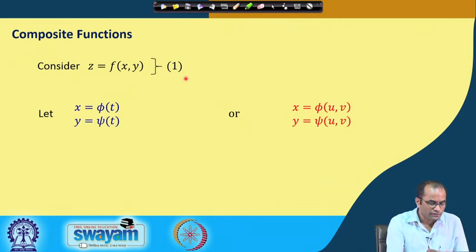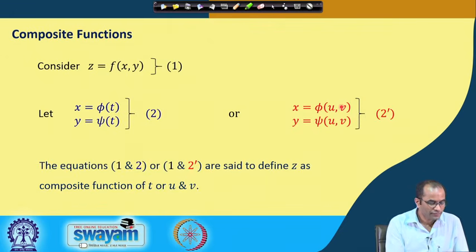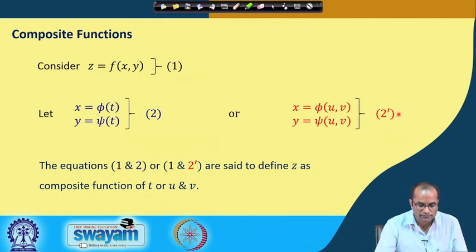Let us call this equation number 1, here equation number 2, and this equation number 2 prime. Then equations 1 and 2 together, or 1 with 2 prime together, are said to define z as a composite function of t, or in this case a composite function of u and v.